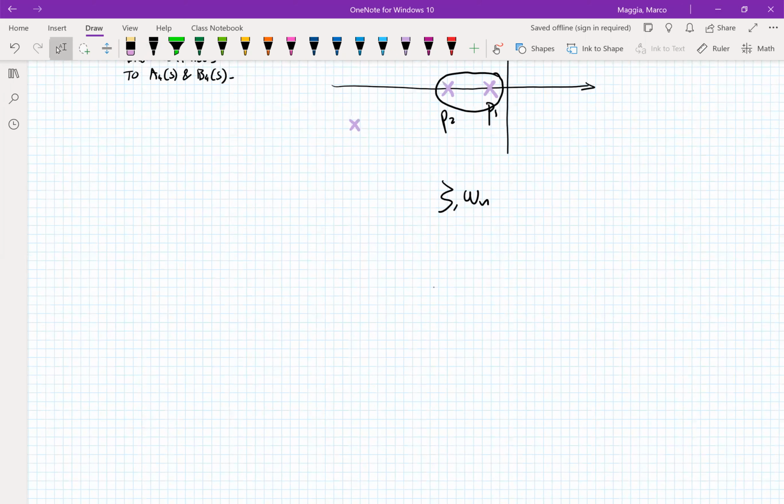How to do that? Well, in this case, since P1 and P2 are real, then you would have to use the other definition. So that was minus sigma, minus omega n plus or minus omega n square root of zeta squared minus 1. Because in this case, zeta is going to be greater than 1.